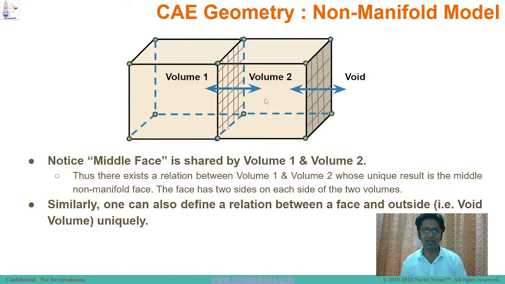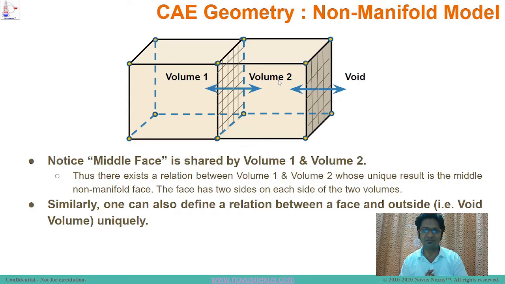Now in a CAD model, there would be two surfaces at the interface of these two volumes: one surface belonging to volume 1 and another surface belonging to volume 2. But in a non-manifold model, there would be only one surface and that surface is common between these two volumes.